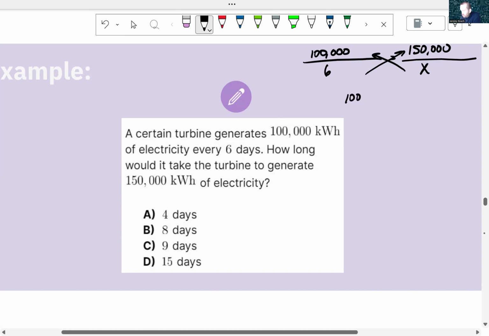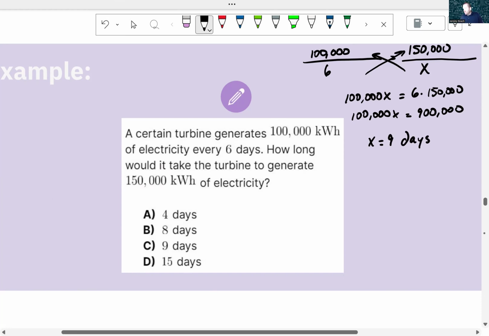This is 100,000x equals 6 times 150,000. That is 900,000. Divide by 100,000 on both sides, and we get x equals 9 days.